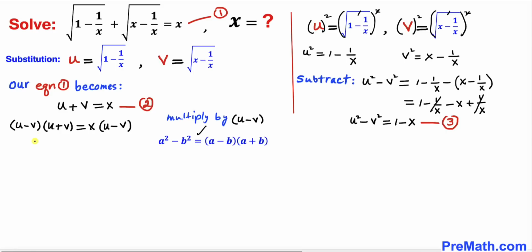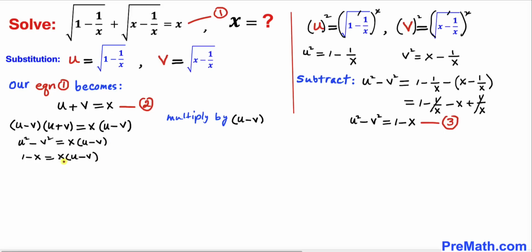We apply it on the left hand side, so it can be written as u square minus v square equals x times u minus v. But we know that u square minus v square equals 1 minus x from equation 3. I am going to replace this part by simply 1 minus x. So this can be written as 1 minus x equals x times u minus v.